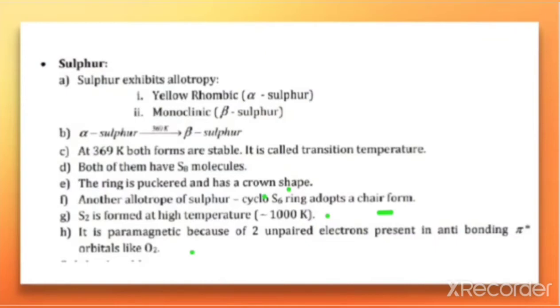It is paramagnetic because of two unpaired electrons present in the antibonding orbitals, like O2. That is an important point here; usually questions are asked on this area.